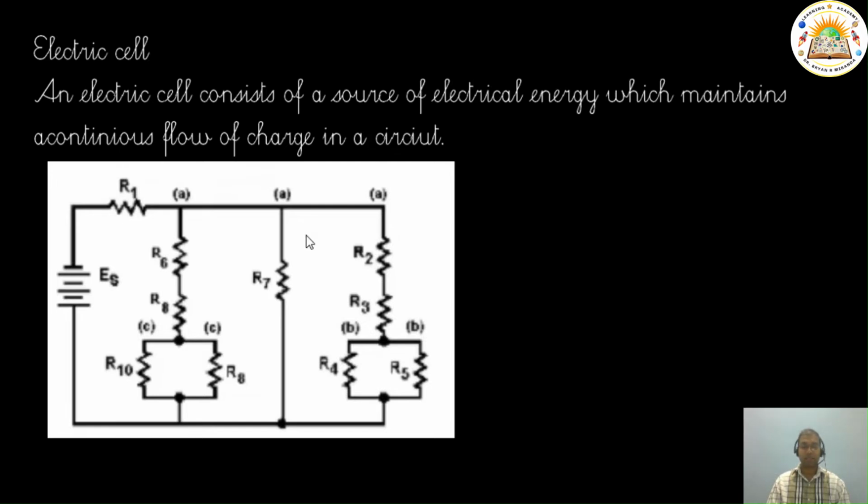So let us understand what exactly an electric cell does, what is EMF, what happens when we connect resistors in parallel, cells in series, and what are the rules whereby we can say when current will be maximum in a given circuit.